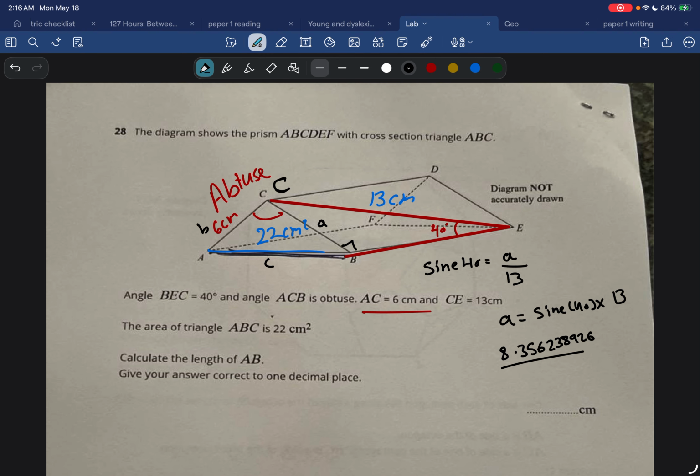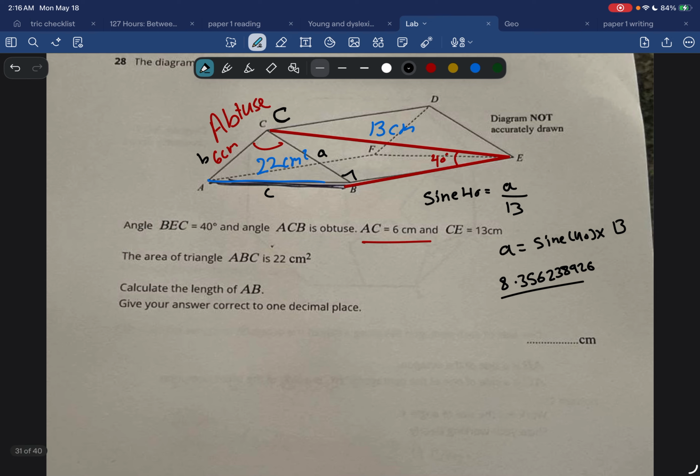So we know the value of this side, so we need to get the angle, so we can get the value of AB, which is c in this case. So we're going to apply the rule for the area of a non-right-angled triangle. 22 centimeters squared is the area.